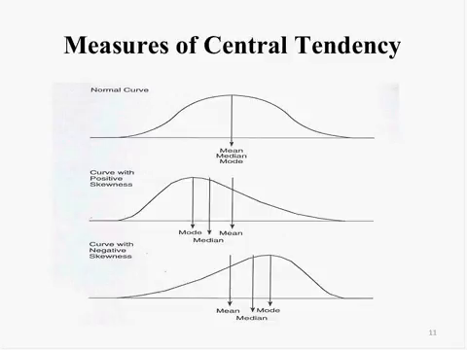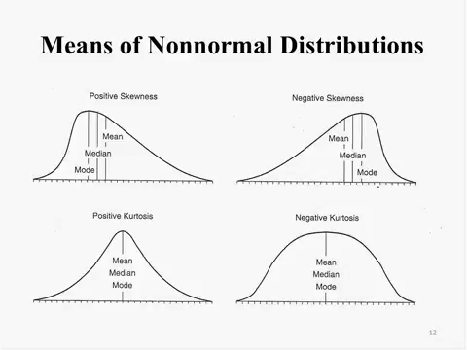Now let's talk about these measures for non-normal distributions. When you've got positive skewness up in the top left on slide number 12, you've got the same thing that you saw on the previous slide, with the mode on the left side, the mean on the right side, and the median in the center. And if you have any questions about mean, median, and mode, I covered that in one of our earlier presentations.